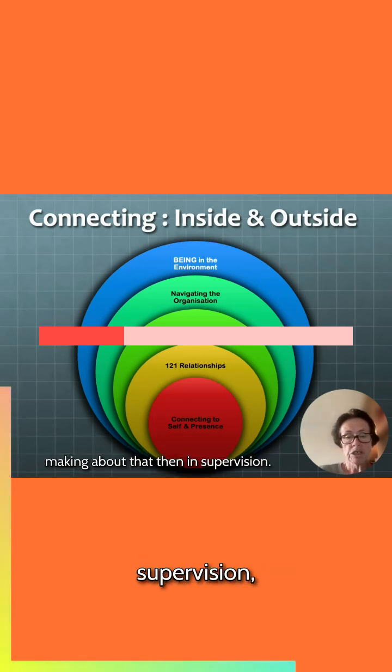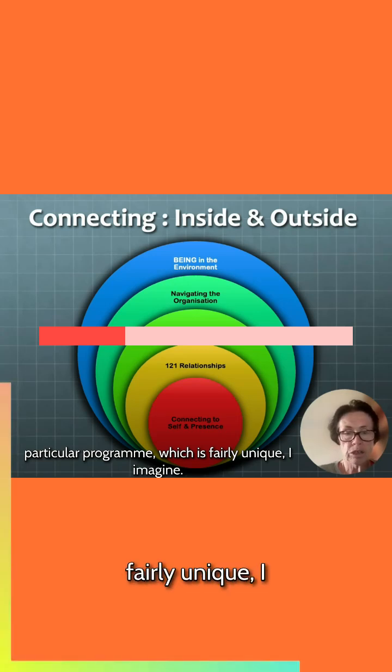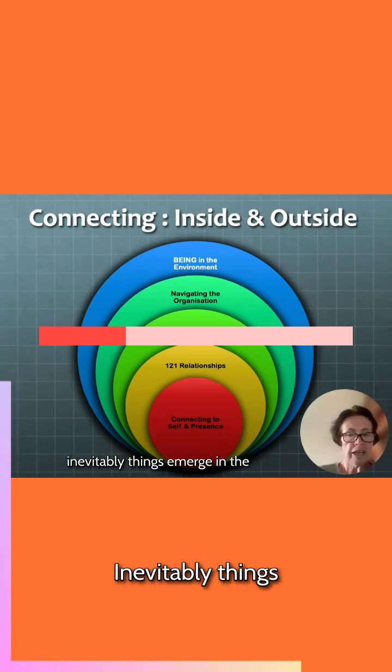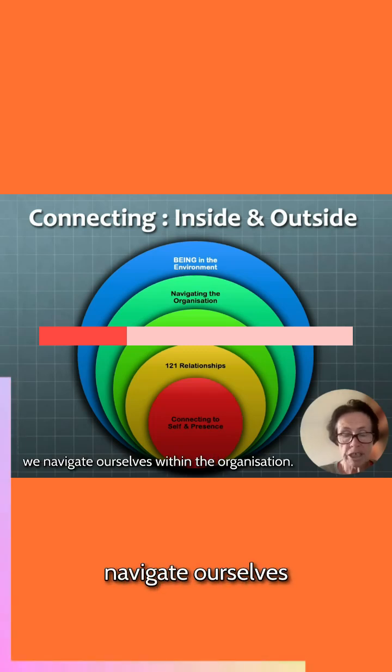Then in supervision, we're all in the same organisation on this particular programme, which is fairly unique, I imagine. Inevitably, things emerge in the conversations that have implications for how we navigate ourselves within the organisation.